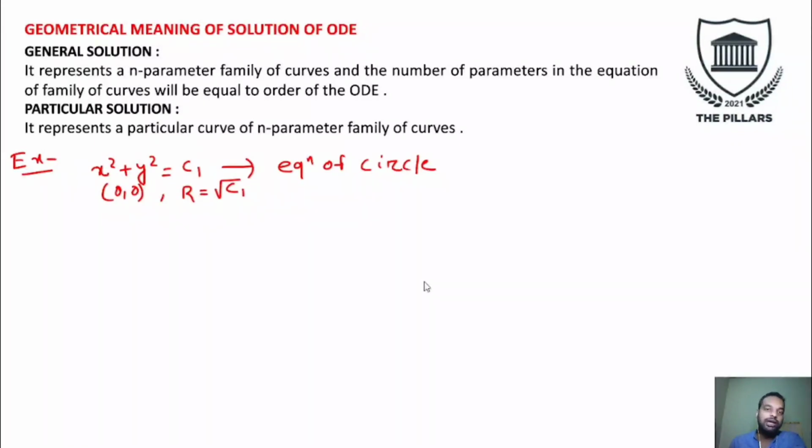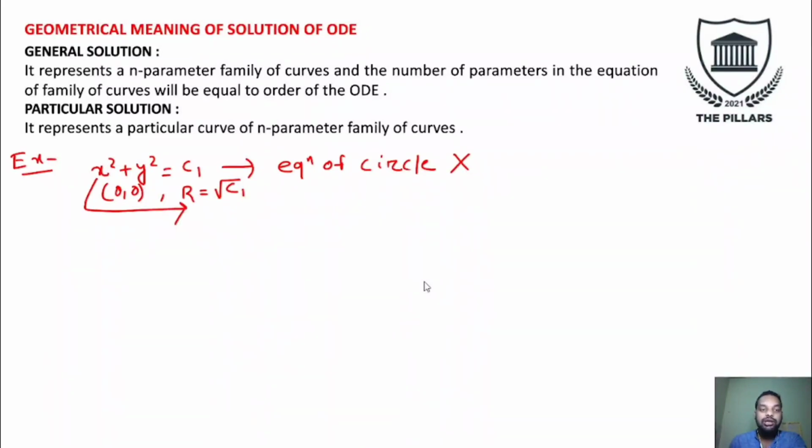But this is not right, because this cannot be called a circle when you don't know the value of the radius. Until you know the value of the radius, you cannot say this is the equation of a circle. This is wrong.